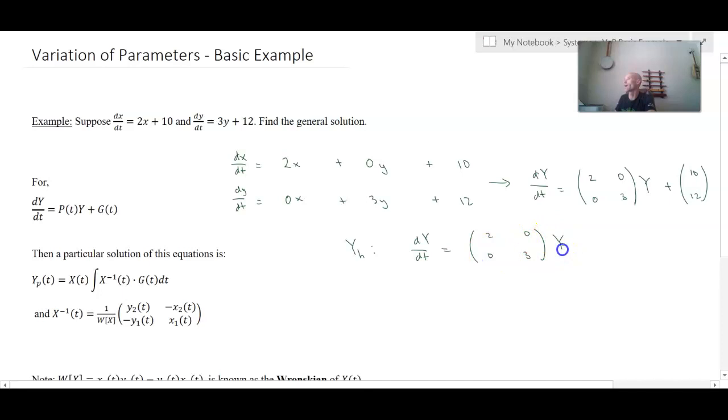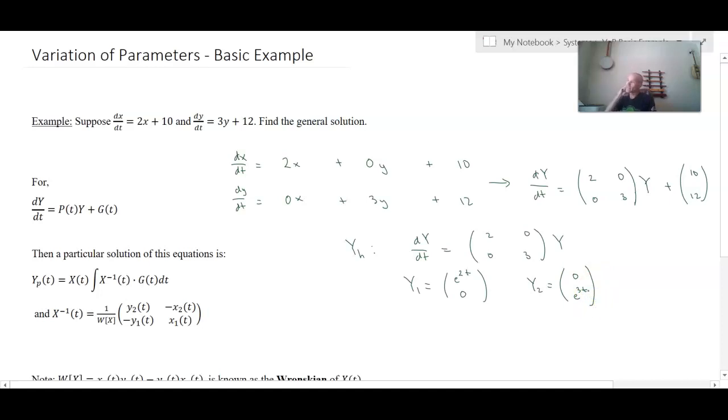To find y sub h, we need to solve dy/dt equals the matrix 2, 0, 0, 3 times y. Now you can find the eigenvalues and eigenvectors of this matrix, but it's going to turn out that we will get y1, if you want to call it that. It doesn't matter which order we call them in, but y1 would be e to the 2t, 0, and y2 would be 0 and e to the 3t.